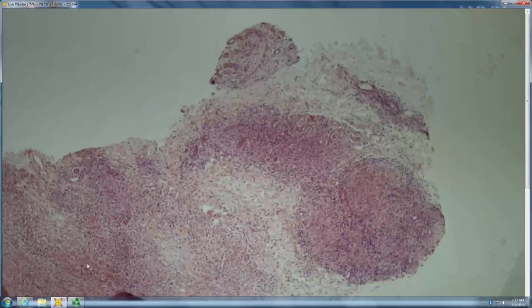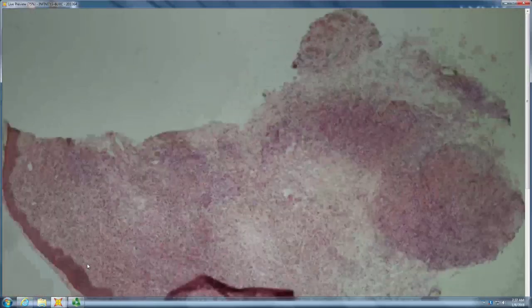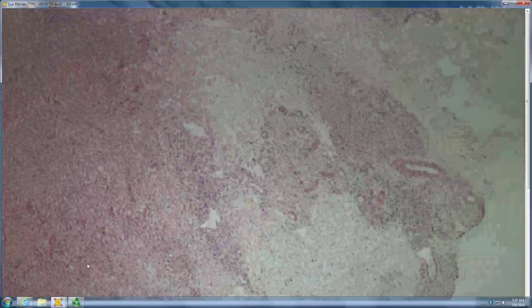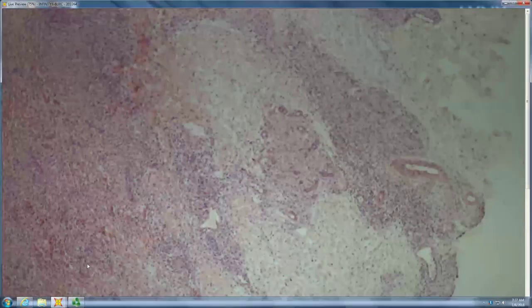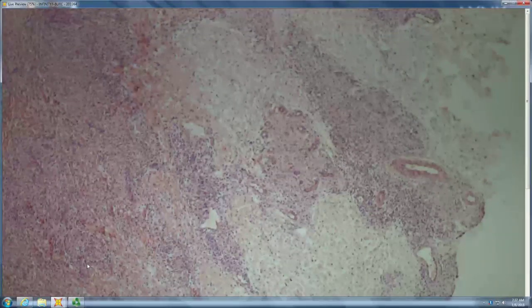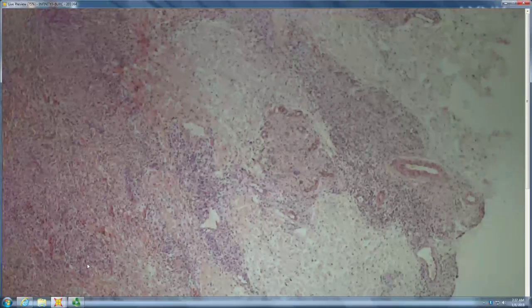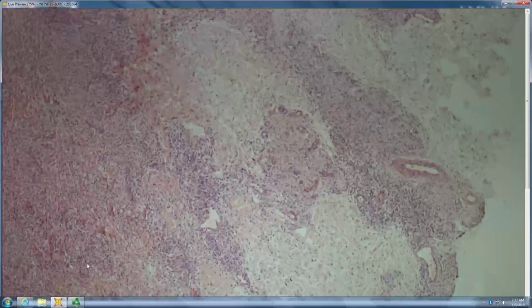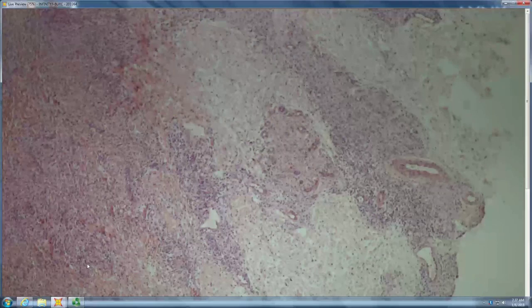So what's your differential? First off, any pattern to the granulomas? Are they particularly vertical or horizontal? Pretty horizontal to the surface. So in the deep dermis, they run horizontal to the dermis.